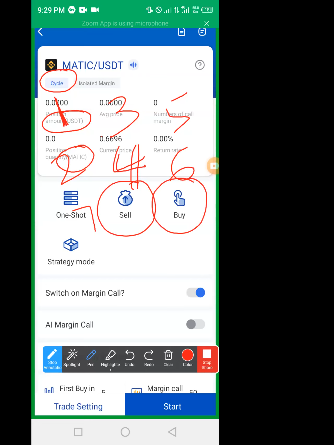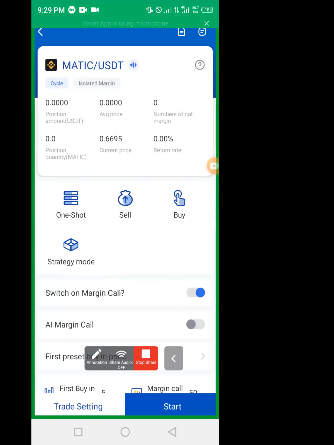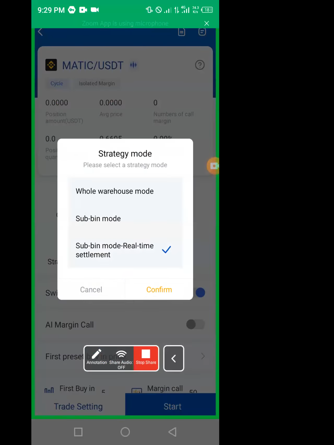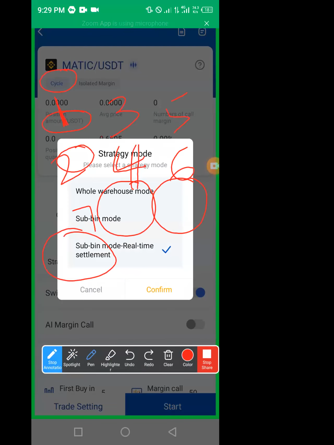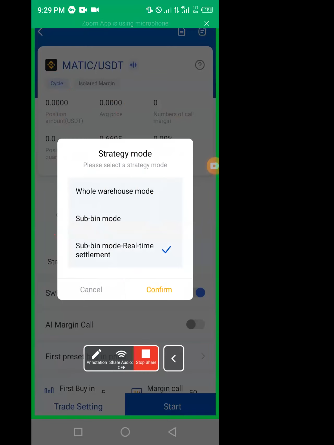Then strategy mode is how do you want this robot to give you the reports, or to give you your profits. For example, when I click on strategy mode, we have sub-bin. We have whole warehouse. Whole warehouse means you want everything to be sold all at once.